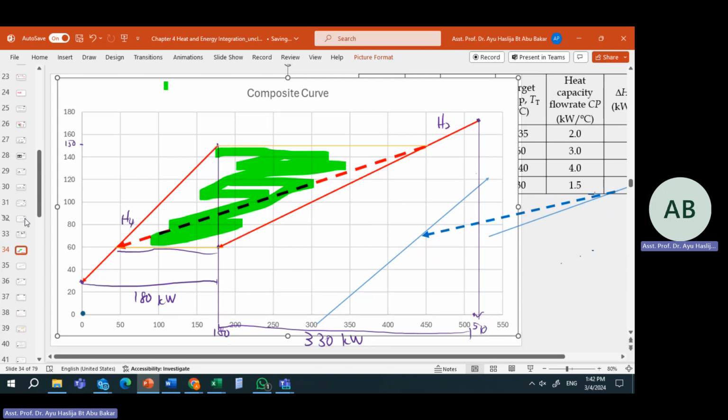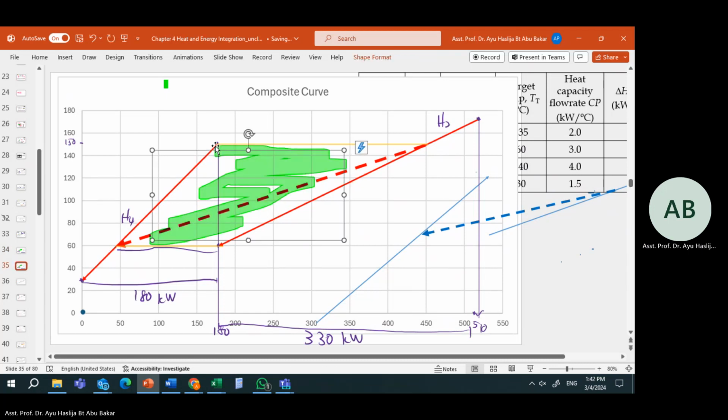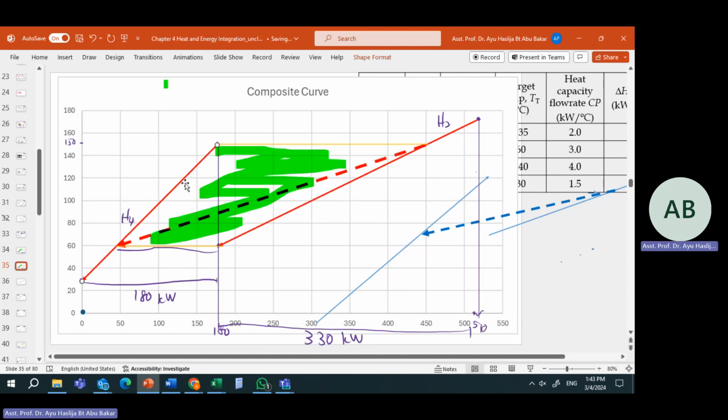Now from here, we adjust it to become one straight line.